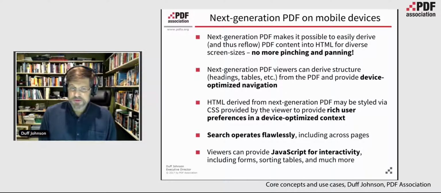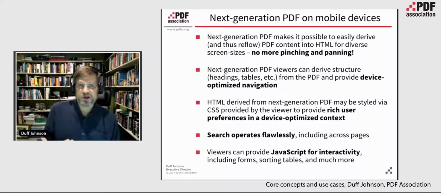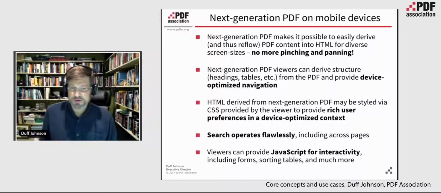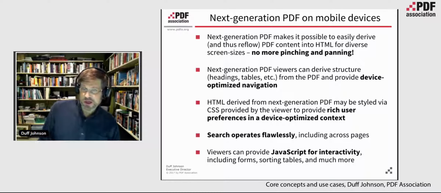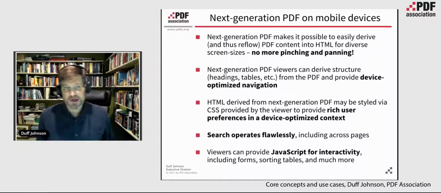So, as I've mentioned, next generation PDF viewers derive the various kinds of document structure elements from the PDF and can provide navigation that's optimized for the device or optimized for the document. If it's a very long document with very complex navigation, it might make a much bigger deal of it and provide that navigation in some clever means at the top of the page, so it never goes away.